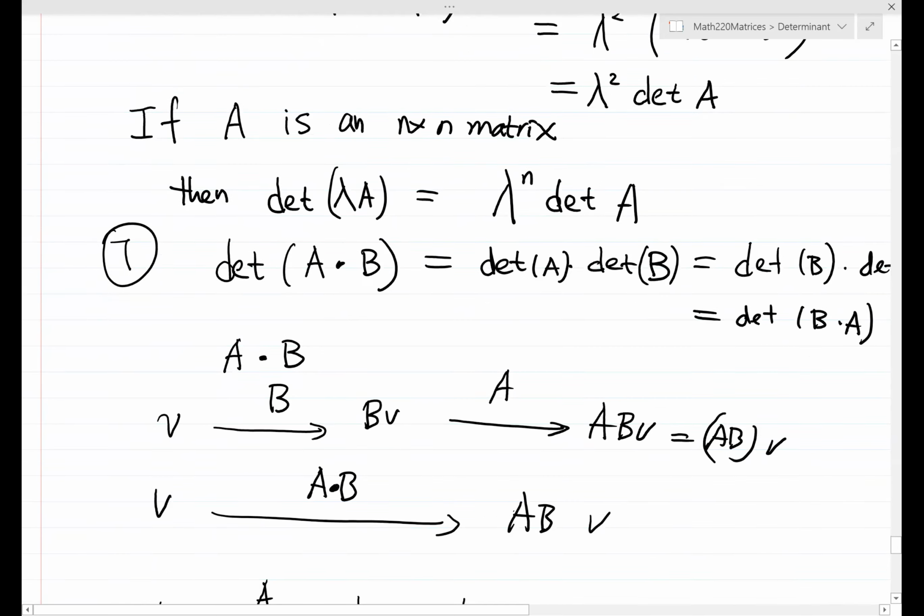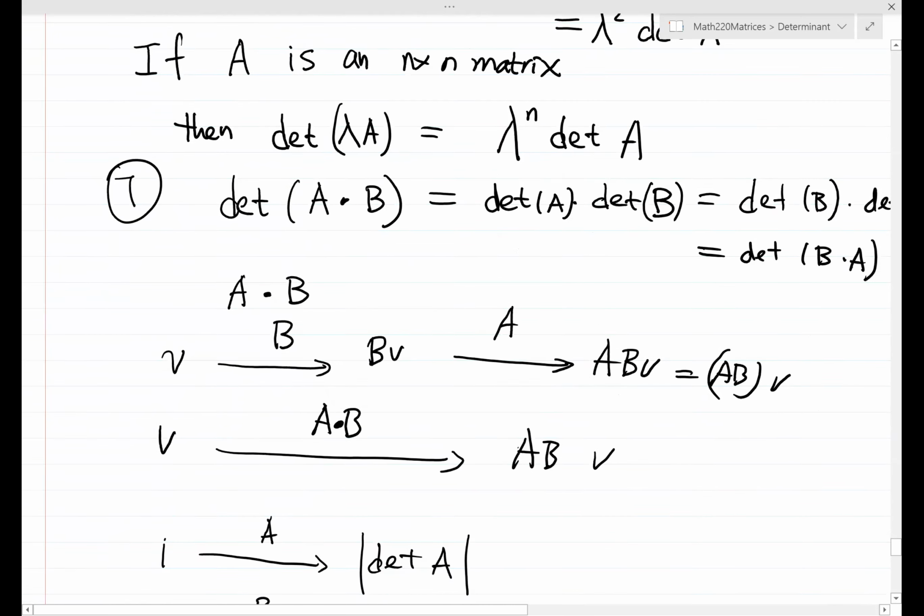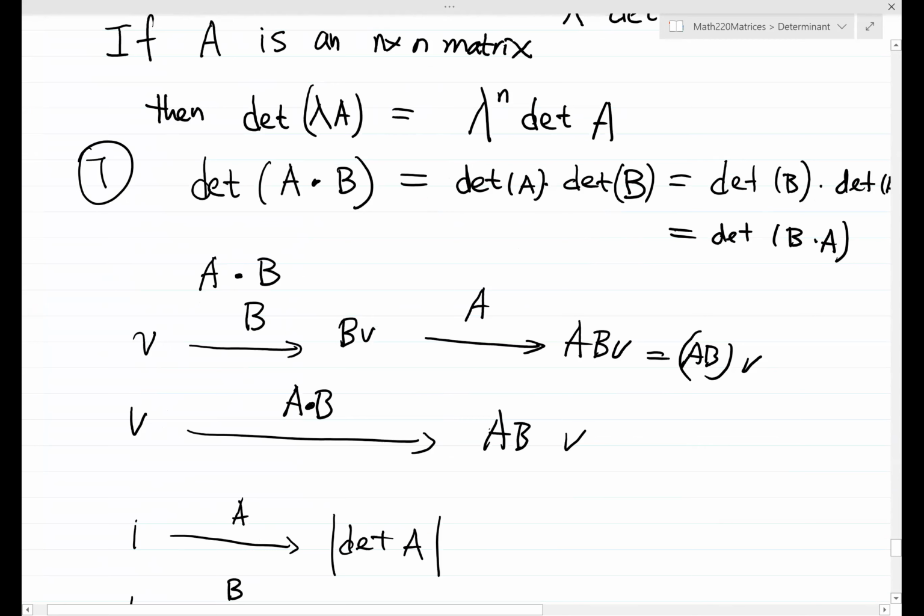Property 7: the determinant of a product is the product of the determinants of the two matrices. Although matrices are in general not commutative, if we take the determinant, then we are working in real numbers, and real numbers are commutative.